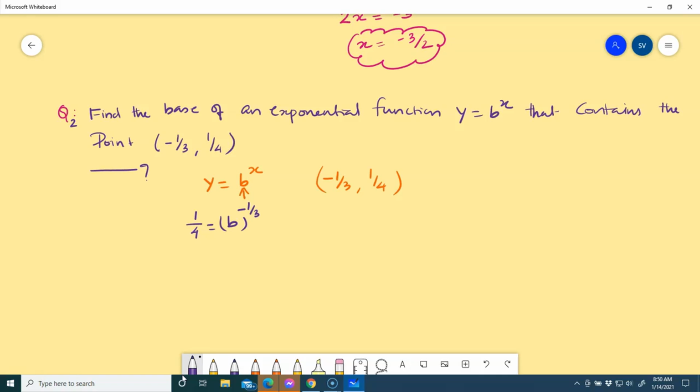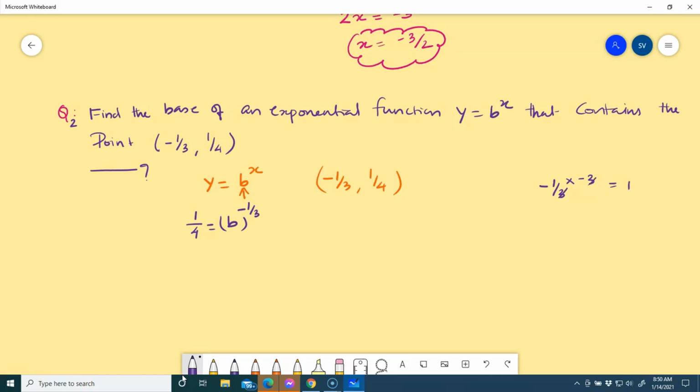Here the power containing the variable is negative 1/3. So how can we make that power a unity, or a 1? That is the thing that you need to think about at this point. Negative 1/3 can be made into 1 by multiplying by negative 3 here. So the 3s cancel, and negative times negative makes positive 1.